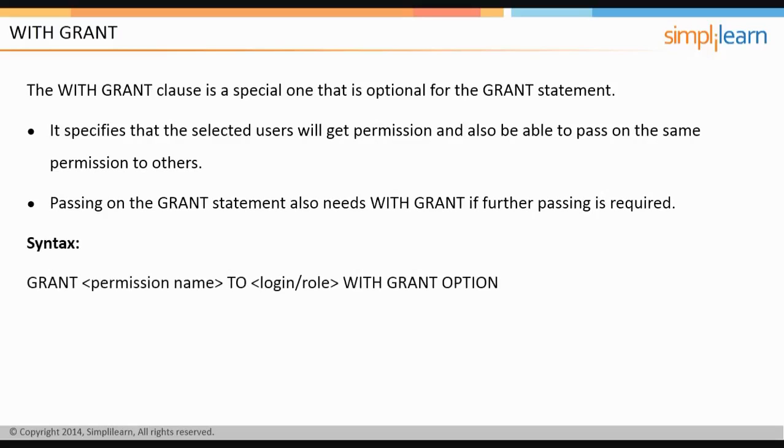For instance, consider if login A grants permission P to login B, but without the WITH GRANT option, and to login C along with the WITH GRANT option. In this case, login B will be unable to pass on permission P to any other login or role.